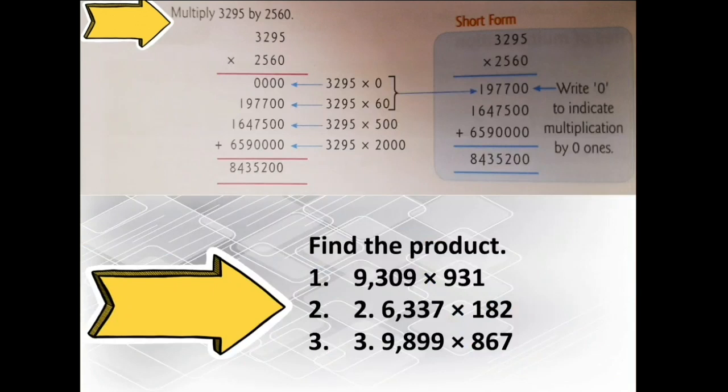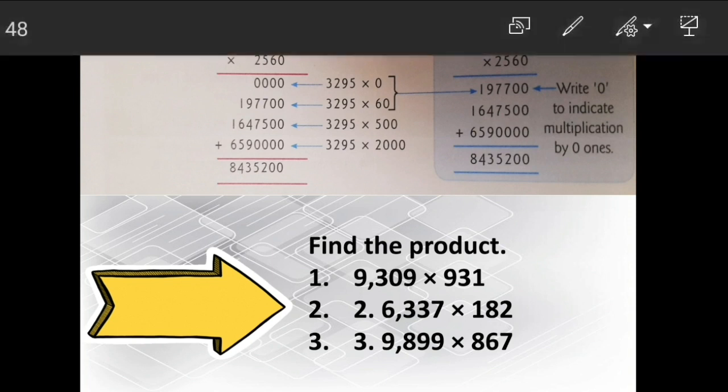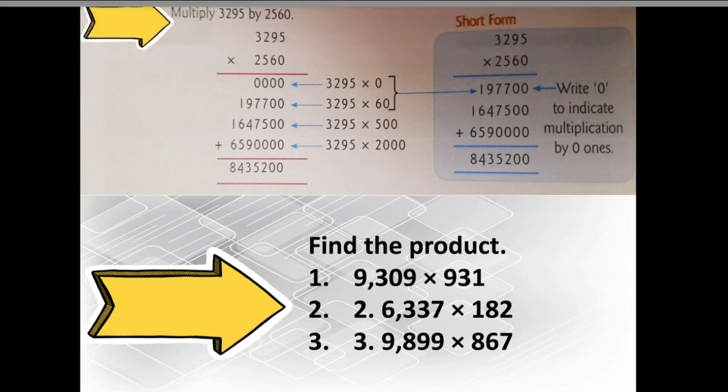Now let us see how multiplication is done. The first example is 3295, which we have to multiply with 2560. The first step is you have to multiply 0, that is the number on the right hand side of 2560.